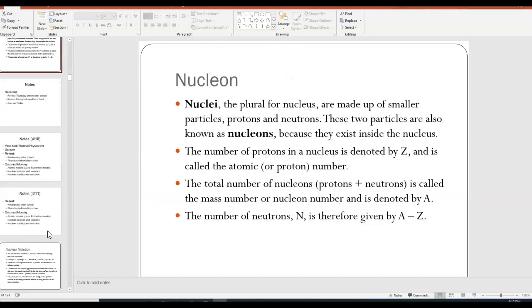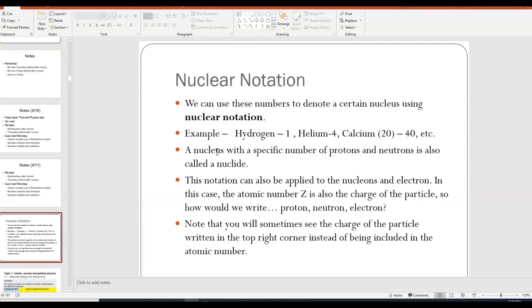So let's talk about nuclear notation and how this works. Now, there's lots of different types of atoms in the universe. So first, how do you name them? Well, here is an example of naming different types of atoms. Hydrogen 1, helium 4, calcium 20, calcium 40.